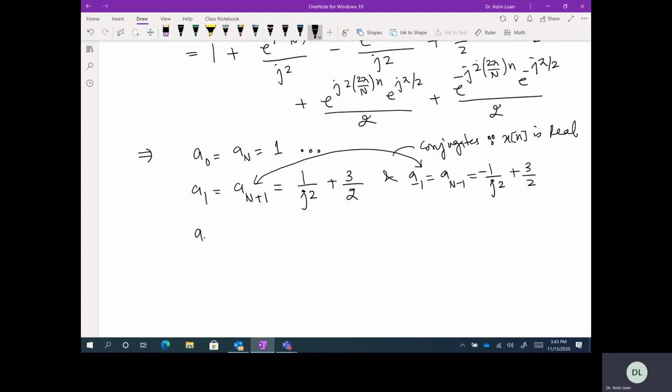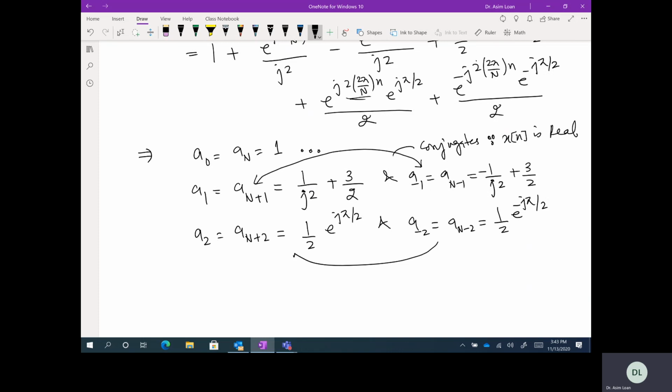And then a2 is equal to a_{N+2}, so a2 is simply half e^{j pi by 2}, because this is 2 omega naught, and a minus 2 is equal to a_{N-2}, equals half e^{-j pi by 2}. Again, these are conjugates because x of n is real.